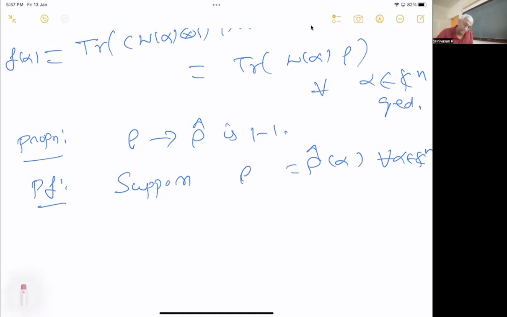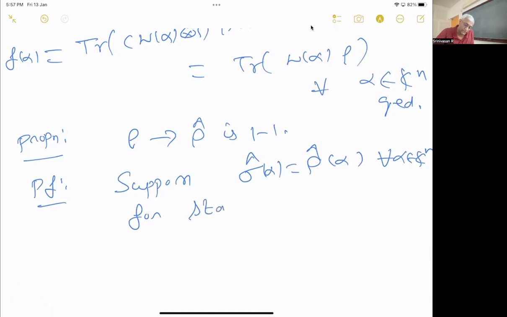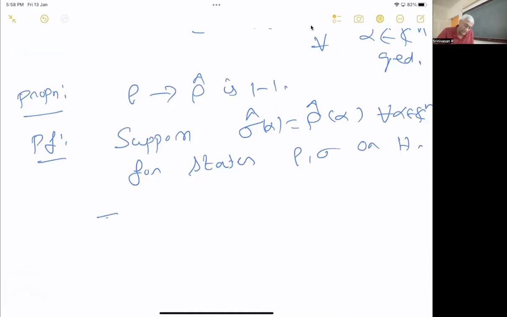Shall I use sigma? I will use sigma because the prime and hat are confusing. Suppose sigma hat of alpha equal to rho hat of alpha for two states rho, sigma on H. What does this mean? This means trace of rho W of alpha is equal to trace of sigma W of alpha.